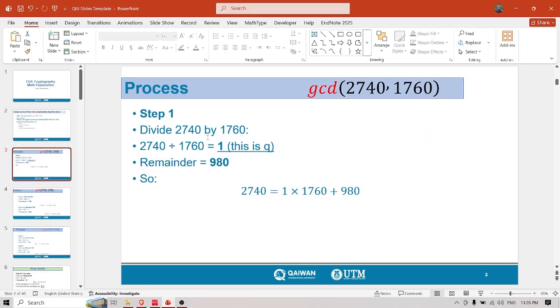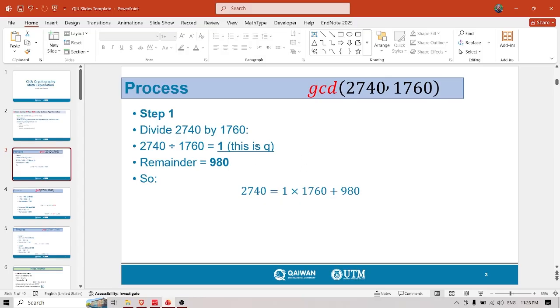First of all, we will make sure to divide 7060 by 2740. And in this case, we will have the number 1. We will not stop until we get 0. Now this one is Q, and it is a remainder.